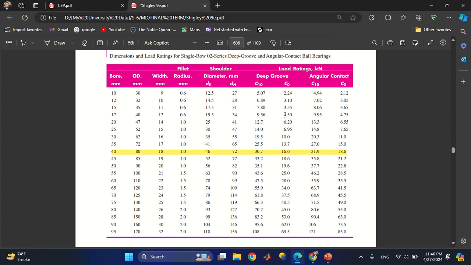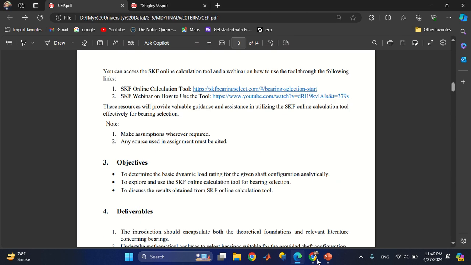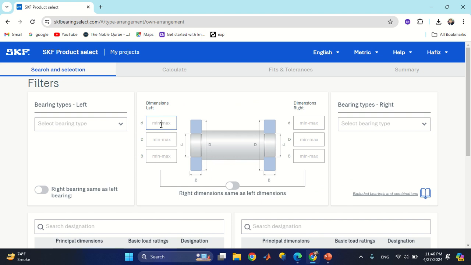This is the SKF catalog kilonewton load rating, which is the expected load of the bearing. Okay, so let's go to the website.